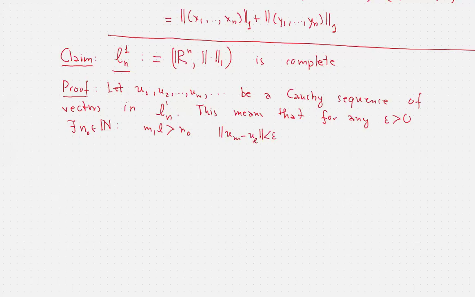Now, basically the idea is pretty straightforward. Let's see what the idea is. So take the vector u sub i and write it in terms of its coordinates. After all, it belongs to Rn, right? So I'm going to write it like this. I'm going to write it as x1,i, x2,i. Again, I didn't use x2, so let me go all the way to xn,i.